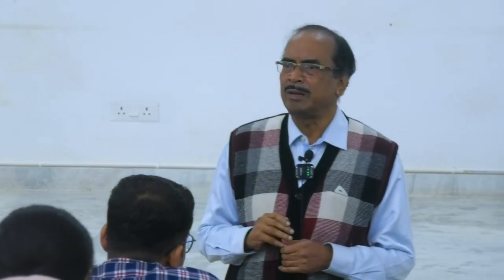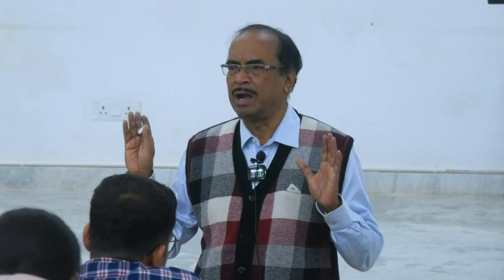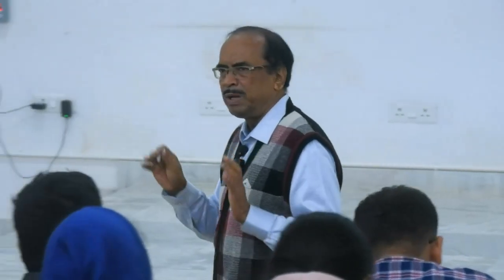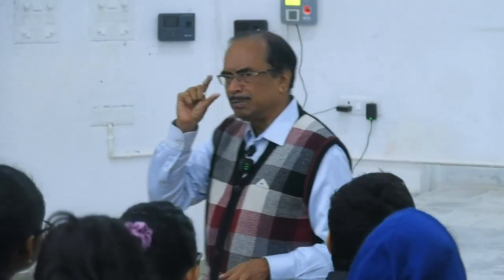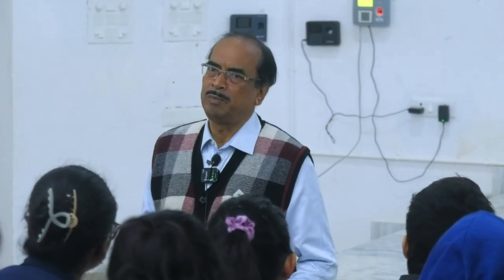Now if you see the disease pattern of the community, you will see more than 2/3 of the diseases are minor ailments, and usually 1/4 of the total diseases are a bit complicated, and very small amount, 4 to 5% of the diseases are very complicated.